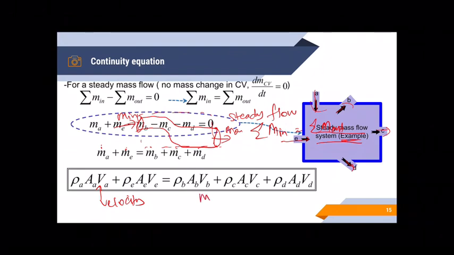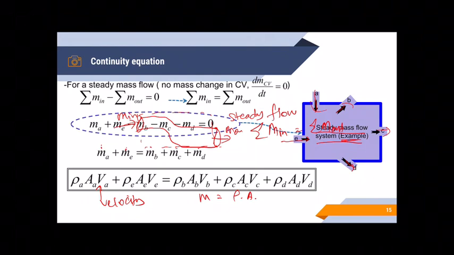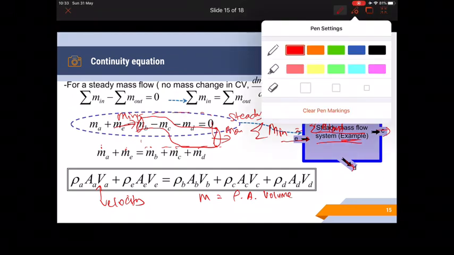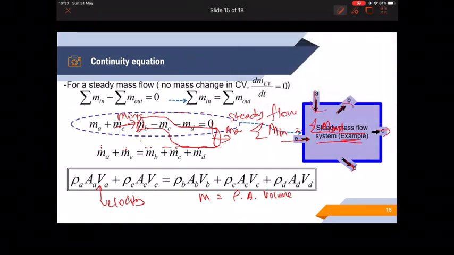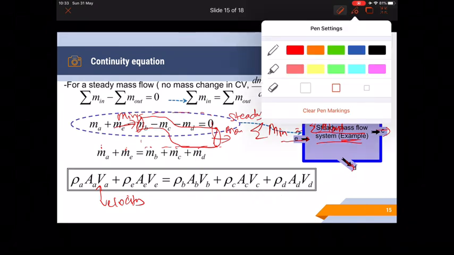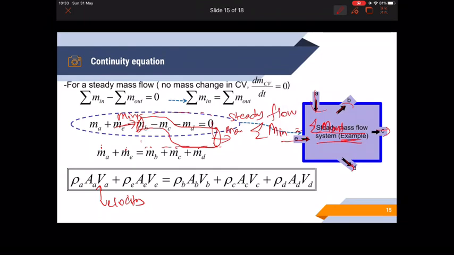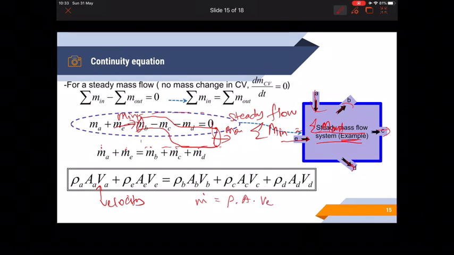Remember, m dot always equals rho times area times velocity.